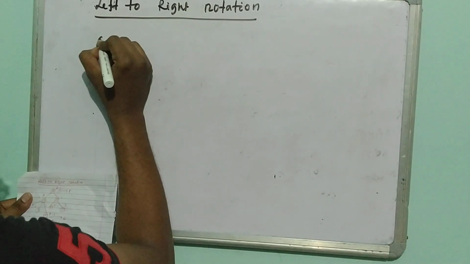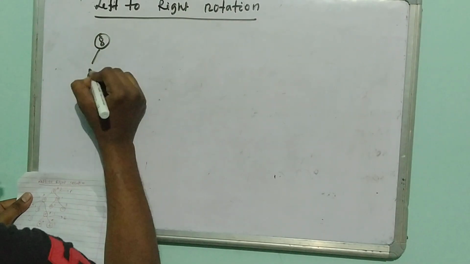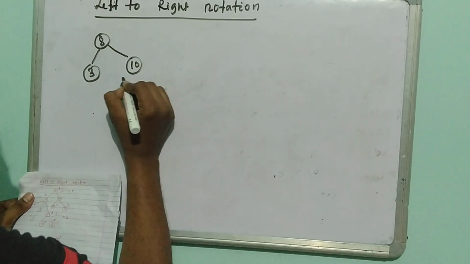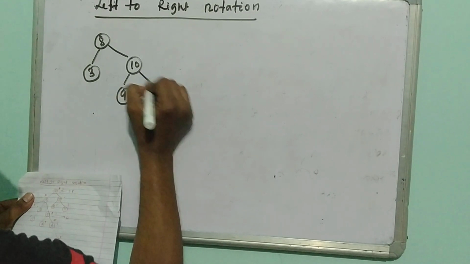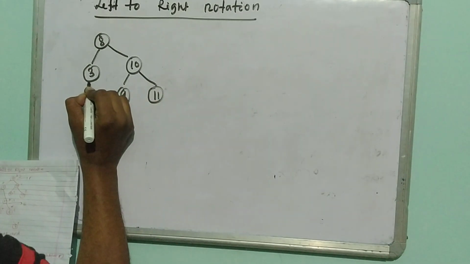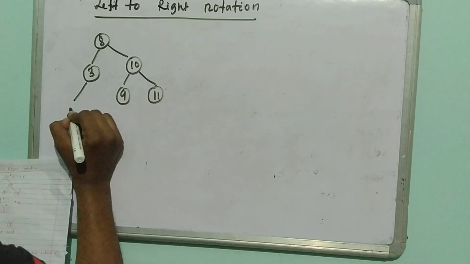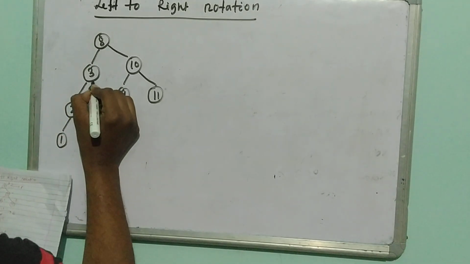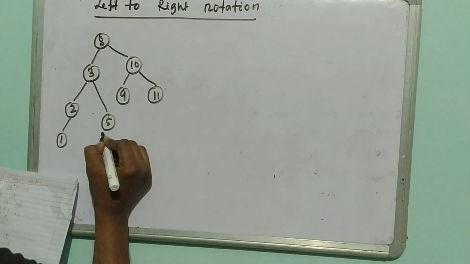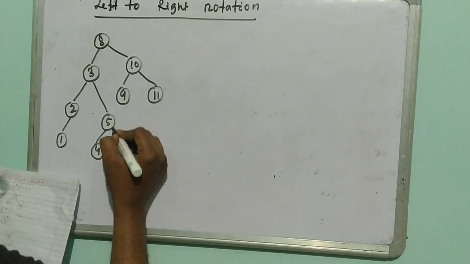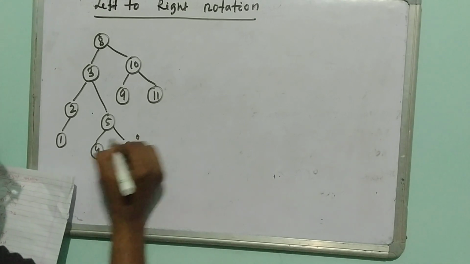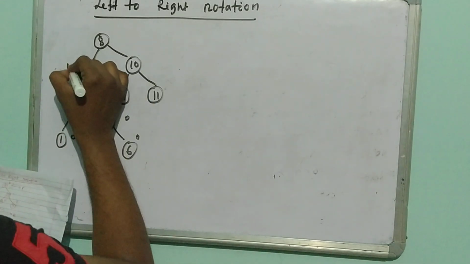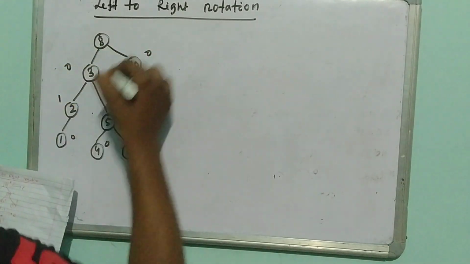So we are having a tree called 8, 3, and this is 10, this is 9, this is 11, 3 having 2 is there, and obviously I am making another one, 1, we are having 5, we are having 4, we are having 6. So this is a balanced tree, 0 0 0, this obviously 0, this is 1 1 2 1 2, 0 0 0 0 1 2 3 1 2, this is 1.